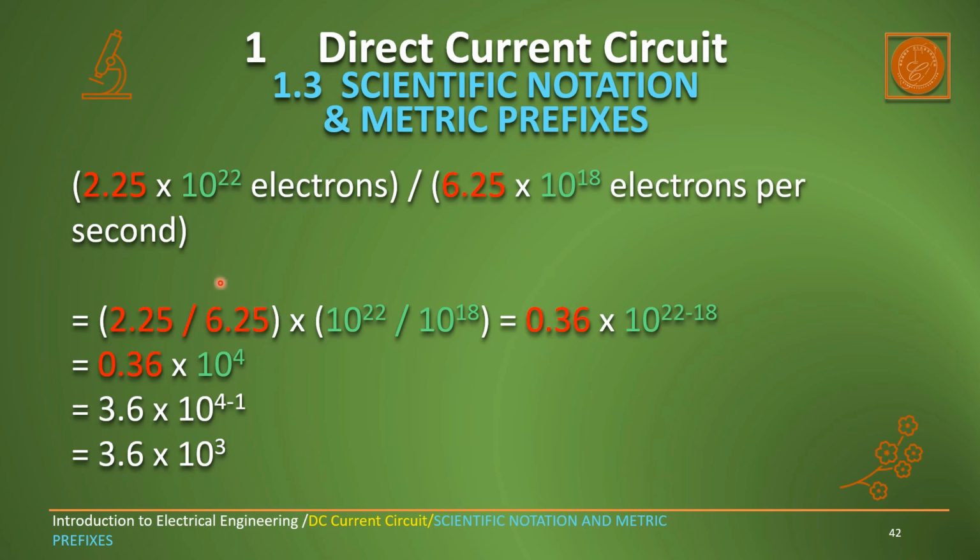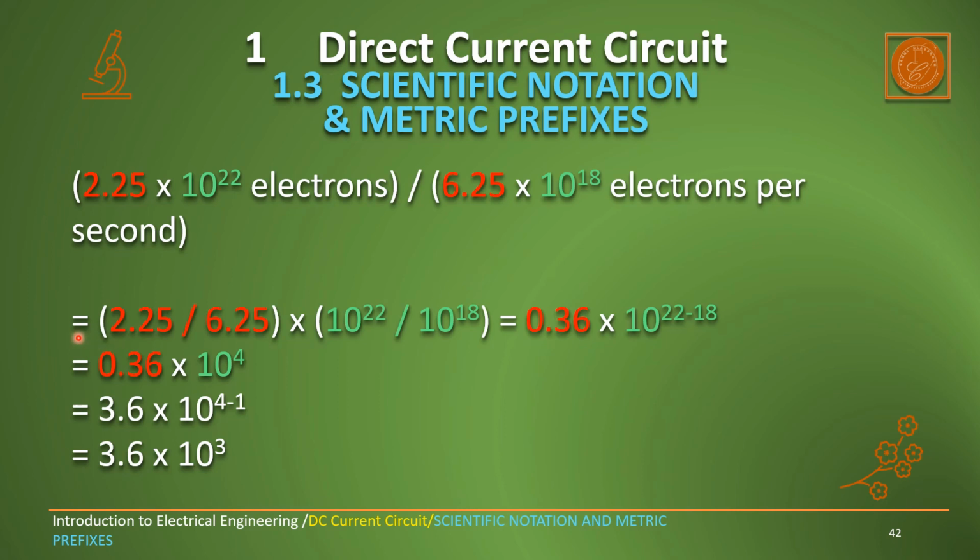According to the formula, 2.25 times 10 power 22 electrons means the total electrons in 1 hour, and divided by 6.25 times 10 power 18, which is electrons per second.